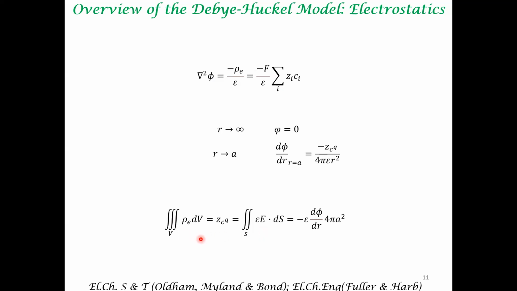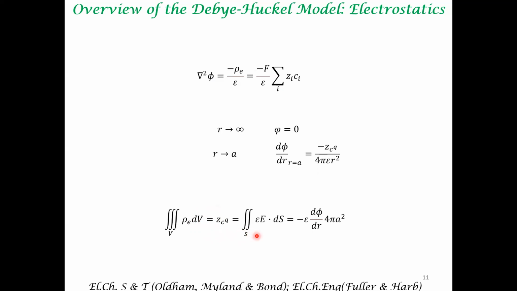The amount of charge present in a particular volume, I can integrate that. Supposing I'm integrating that for the particular reference ion, integrating the charge over the volume of the reference ion, I would get Zi times q, that is the charge of the reference ion.